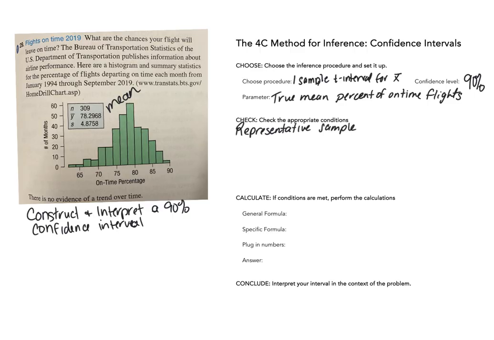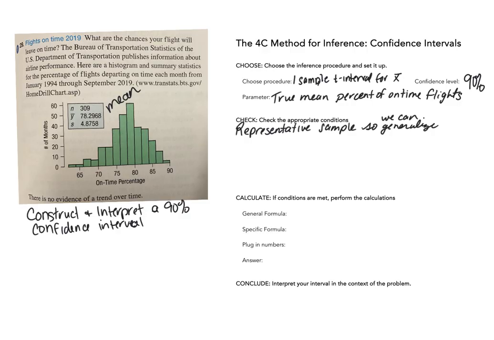It was done over a long period of time, 309 months. So is it pretty representative of what's happening? Yes. So it's a representative sample, so we can generalize. We want to state that, as it adds to the strength of our response.